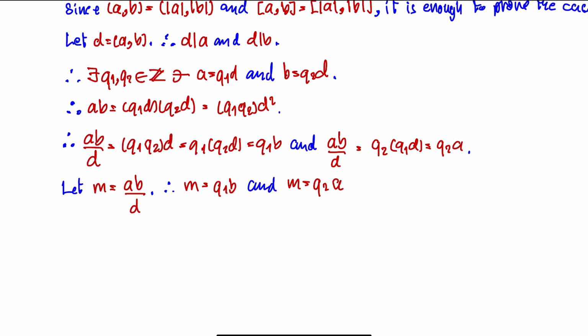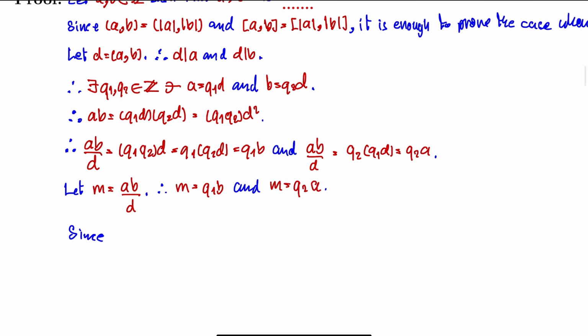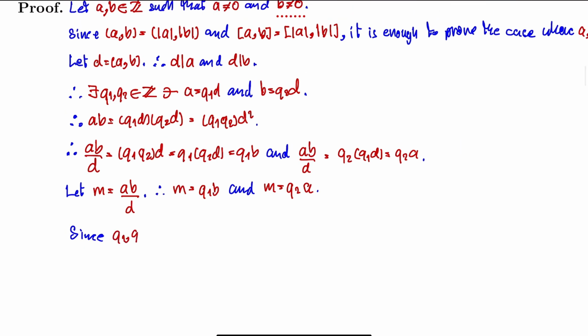Now since q1 and q2 are integers and we have m equal to q1 b and m equal to q2 a, we have b divides m and a divides m.